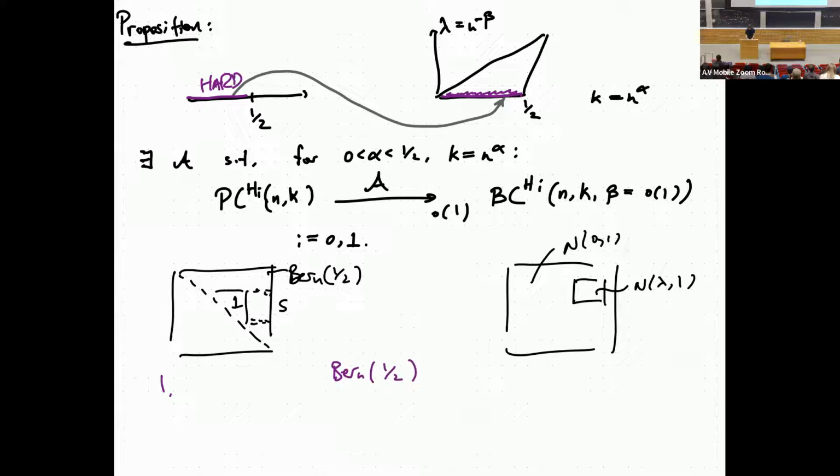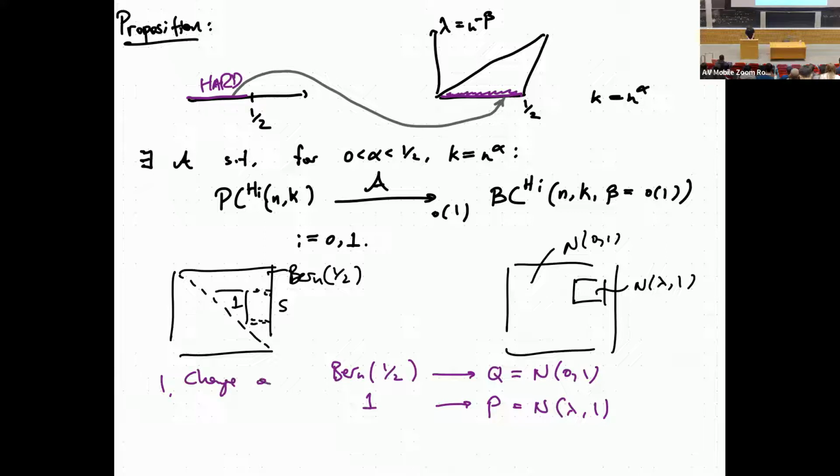So this is Bernoulli half, kind of everywhere in this matrix. And we really want to map this to standard Gaussian, which we'll denote by Q. And then the 1 from the clique entries, we want to map to P, which is just shorthand for Gaussian with mean lambda. So that's kind of the obvious difference between biclustering and planted clique, because this one has 0, 1 entries, this one has Gaussian entries. All right.